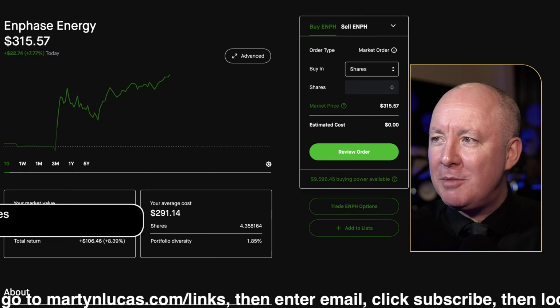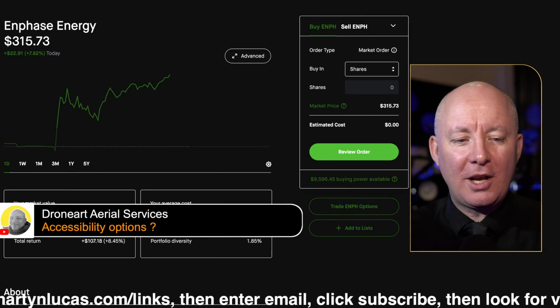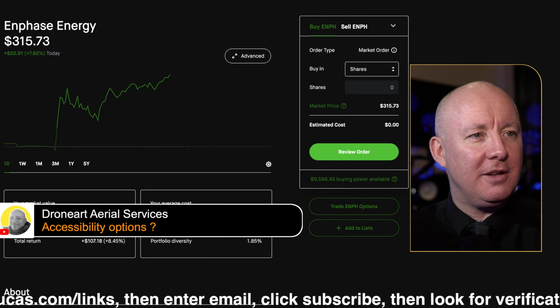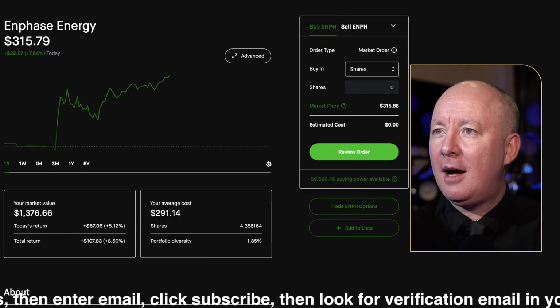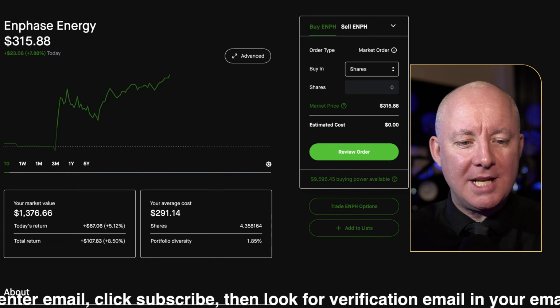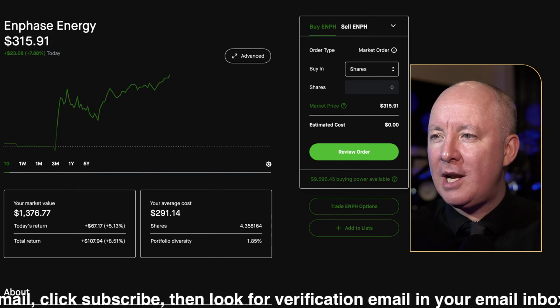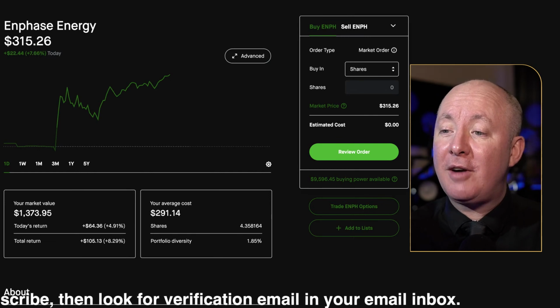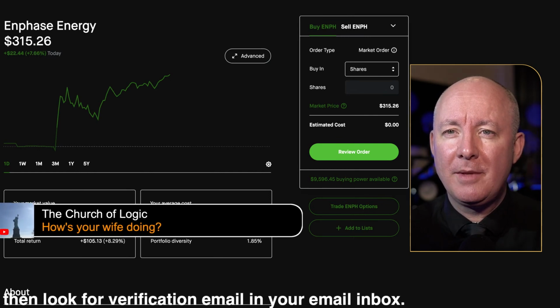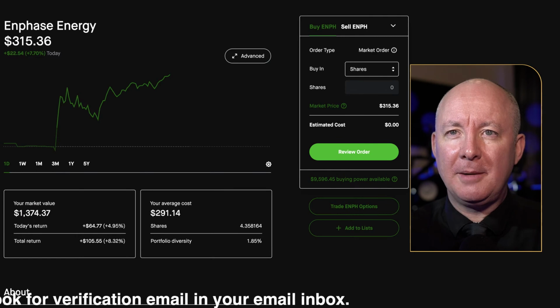Accessibility options. That's what I was thinking, and I couldn't find anything. I agree with you. Accessibility options. I don't know where I'd change that. I've gone through a few settings. I couldn't see anything that takes the white lines off. But anyway, first, how's your wife? Thank you very much. She's absolutely fine. Thank you for asking.